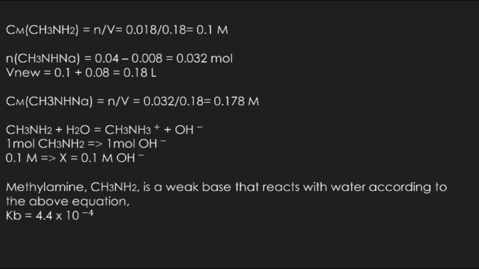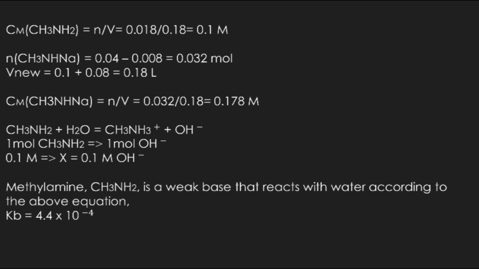The balanced equation for this reaction is CH3NH2 plus H2O is equal to CH3NH3 positive plus OH negative. 1 mole CH3NH2 is equal to 1 mole OH negative. 0.1 M is equal to X, and equal to 0.1 M OH negative.